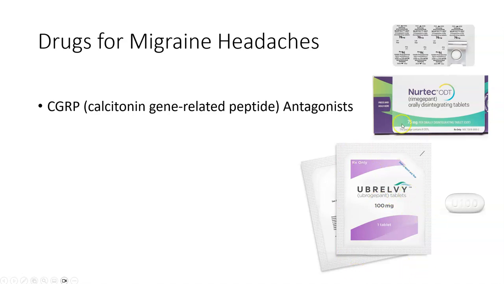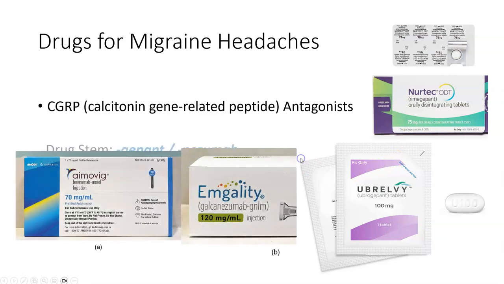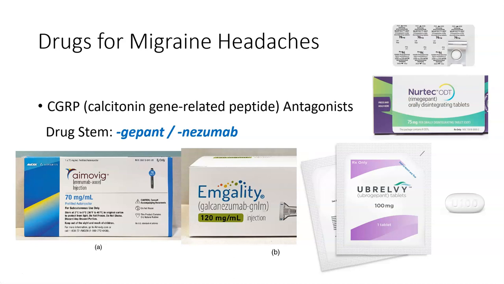We see with these, the Ubrelvy, they're in little packages to protect them from the moisture. This has the little foil protection on top, and you just pop them out. So again, the drug stems, gepant or zumab or numab, are going to be your drug stems for the CGRP antagonists, your migraine modulators.